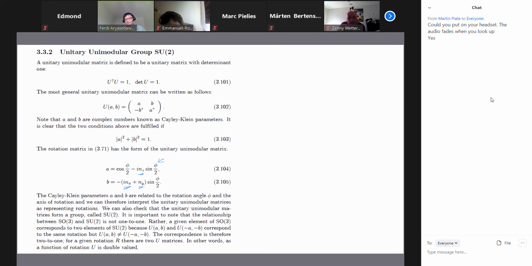So this gives the connection between the rotation in 3-dimensional real space and the rotation in the Hilbert space of the spin half states, which is a 2-dimensional space.